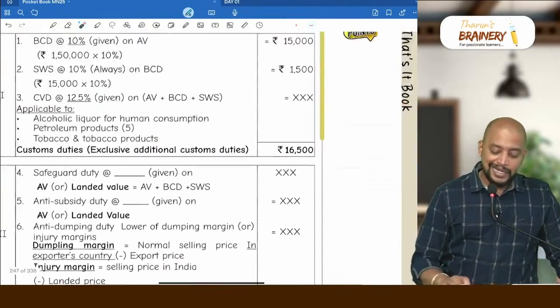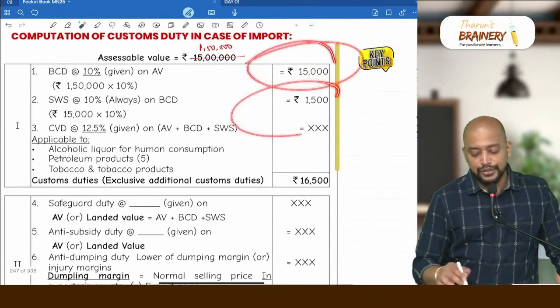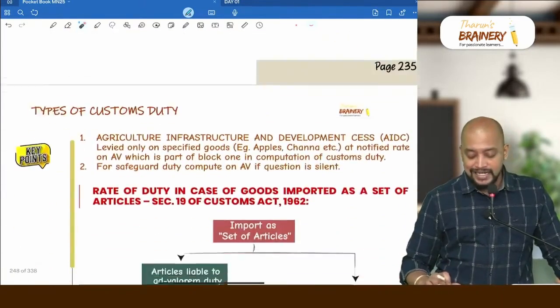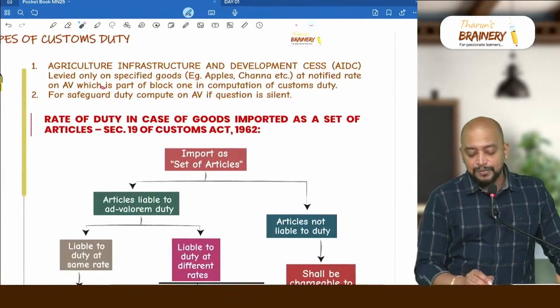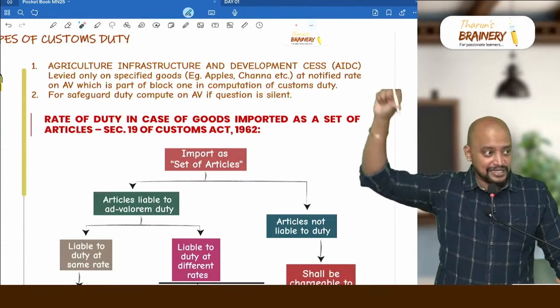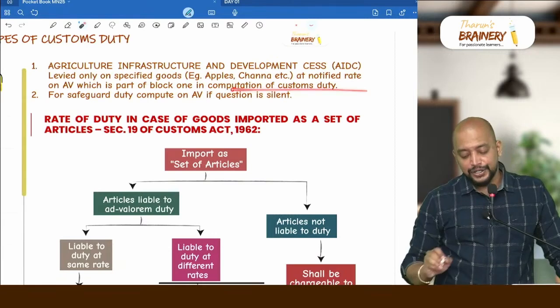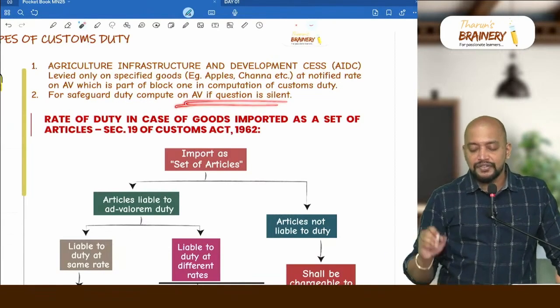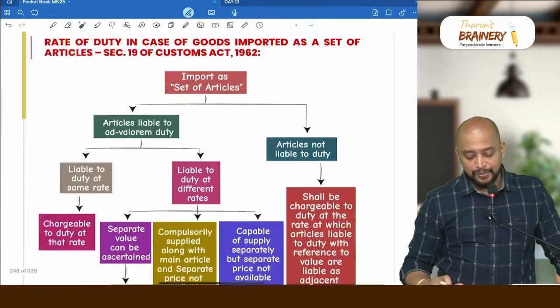Part 1. So along with the basic customs duty and social welfare surcharge, in block 1 itself we need to include AIDC. That is part of block 1, the first step we saw in computation of customs duty. For safeguard duty, compute on assessable value if the question is silent. Already I told you this point.